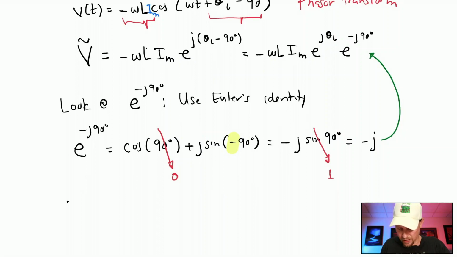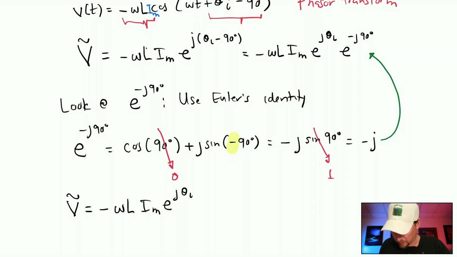So far what we actually have is that the phasor voltage is equal to minus omega L times I sub m times e to the j theta I, and we just found that e to the minus j times 90 degrees is minus j. Well, that minus sign, they cancel out, and we're left with j omega L. Right?